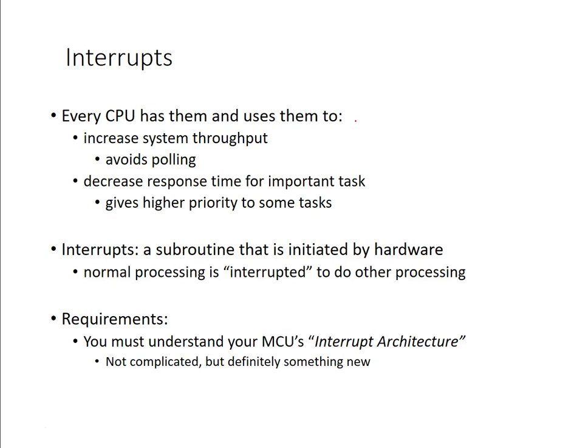Rather than continuously polling or reading the inputs, we can let the processor do something else and wait to take care of the code that needs to happen until the hardware signals, or interrupts, that something needs to happen. So as I said, all CPUs have some form of interrupt support. Some are more complicated than others. With our Otter MCU, we'll be implementing a more simple but complete interrupt architecture.